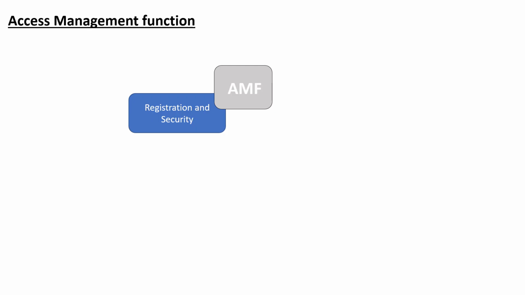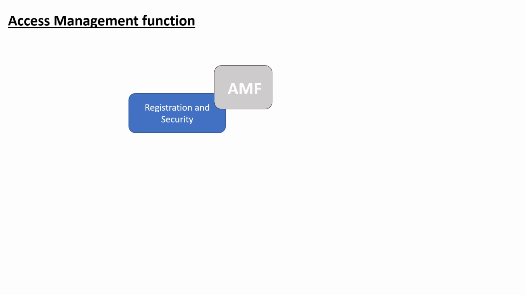Once the authentication checks are passed by the subscriber, only then will the AMF talk to the UDM, which is the Unified Data Management, which holds the subscription information. It checks whether the subscriber is allowed to use the 5G service or not.